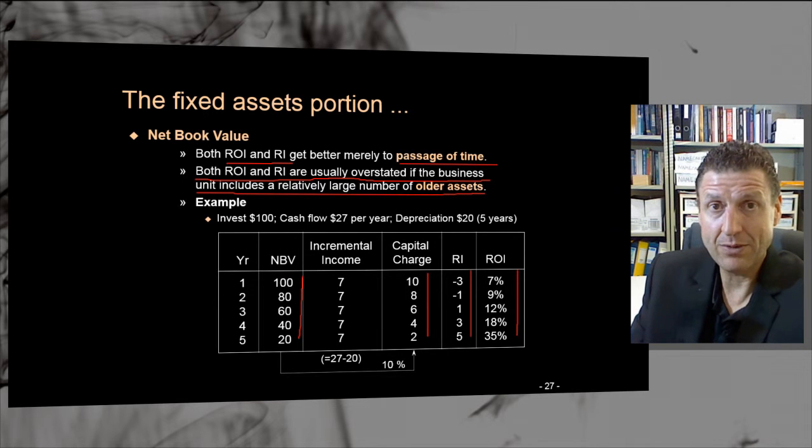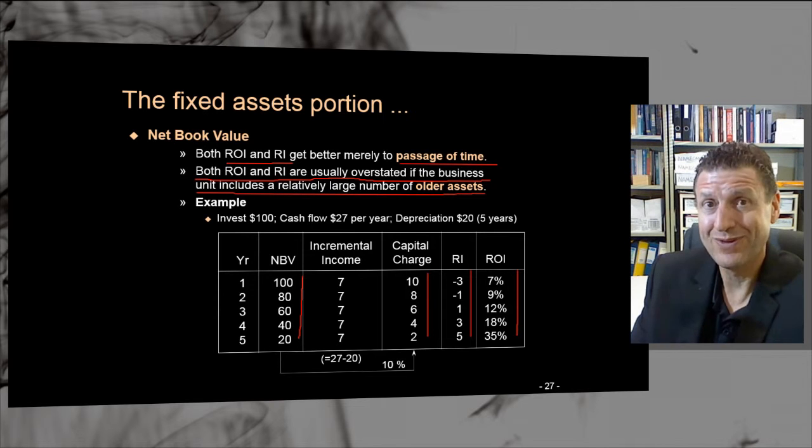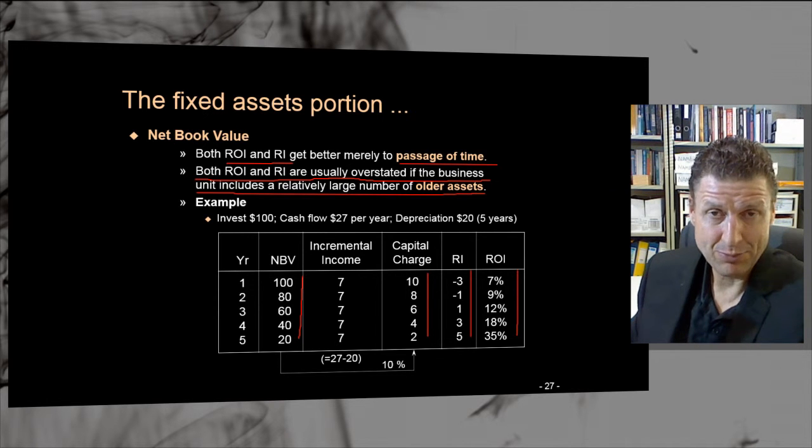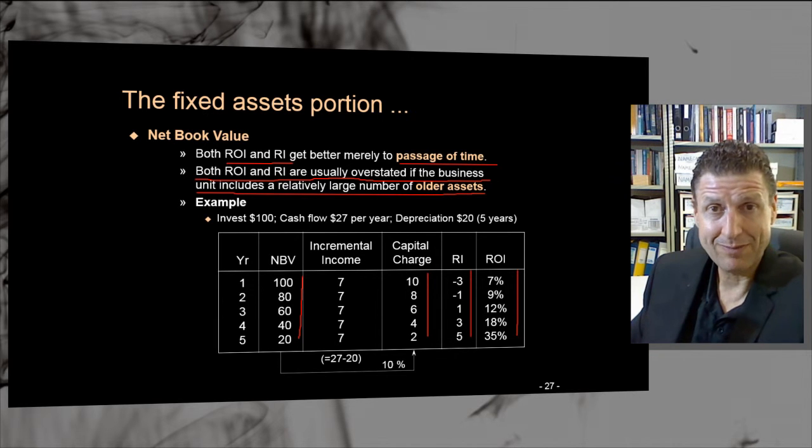Suddenly, wow, the new book value could be 2, 3, 4 times the amount of that written down value. All right, so managers are reluctant to replace assets when residual income is used. Managers are reluctant to replace assets, especially when return on investment is used on its own.